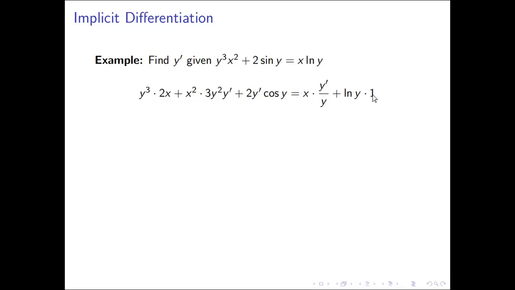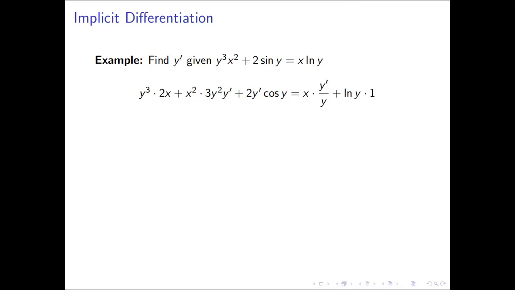So this gives us an equation allowing us to solve for y prime implicitly in terms of x and y. Now, how can we solve for y prime here? Well, first, we need to manipulate this equation so that no fractions appear. And then second, we must isolate y prime on one side.